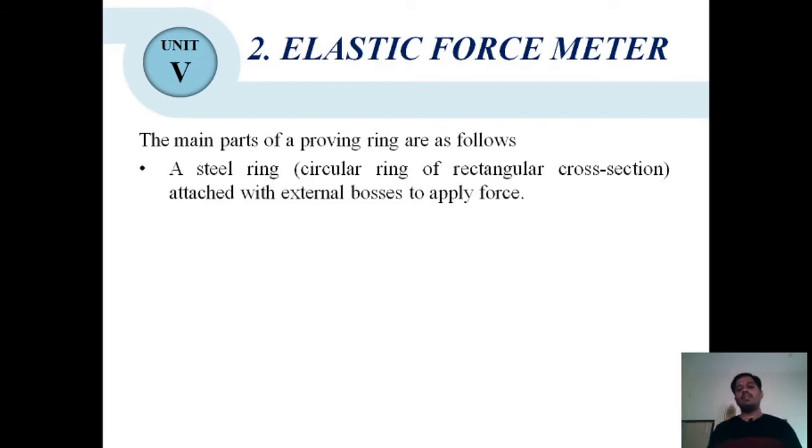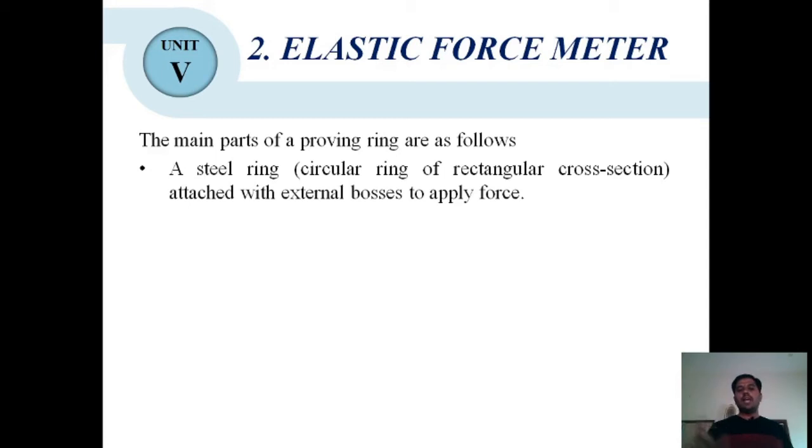What are the main parts in the elastic force meter, or your proving ring? The crucial element in the proving ring is a steel ring, which is of circular shape, and its cross-sectional view is rectangular.